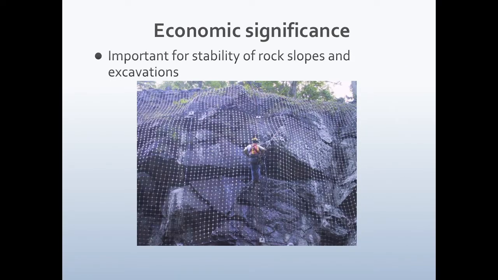They're also important for stability. So this is an example of a rock where, probably, the parts that aren't affected by jointing are very strong, but because it's cut through in all different orientations with joints, they have to put up the safety net. Most outcrops of rock are filled with joints.